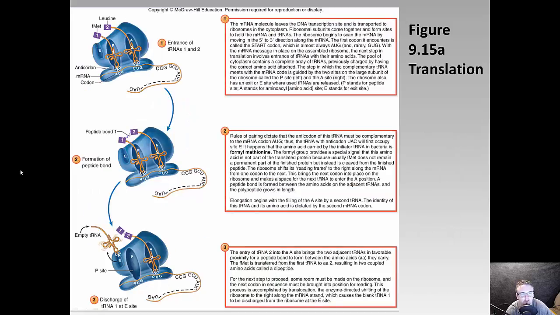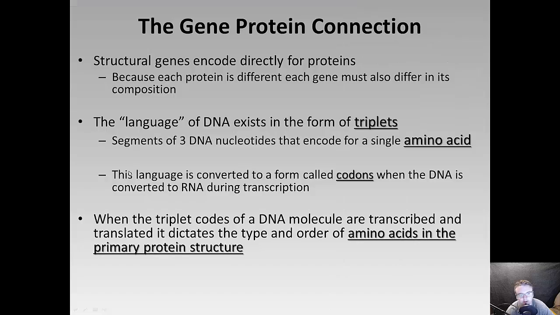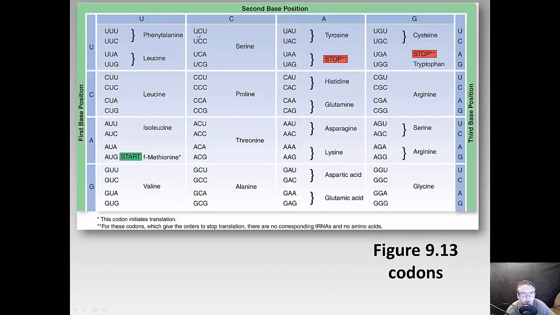I'm not going to test you on it, but just to help you understand it a little better, wobble is a phenomenon by which if the sequence is close, then it will usually match. So if you're one nucleotide off, they're close enough that it will still get the correct amino acid. So if you look back at this real quick, if you have, for example, UCU or UCC, they both code for serine. They're close enough that you get serine every time.